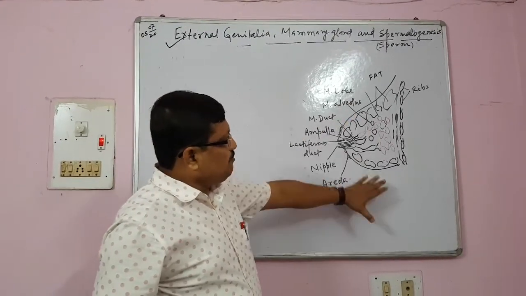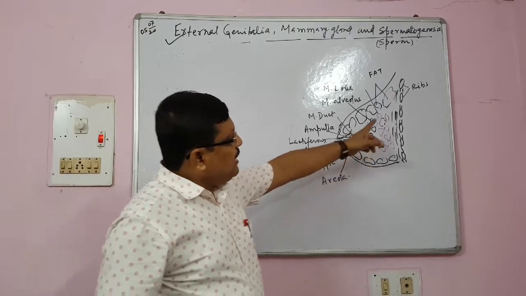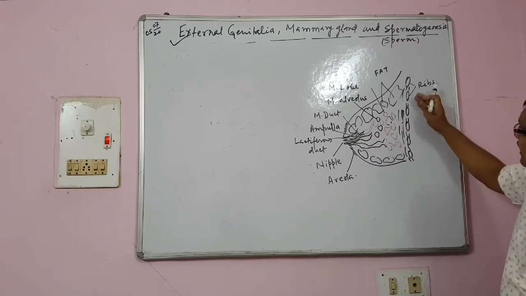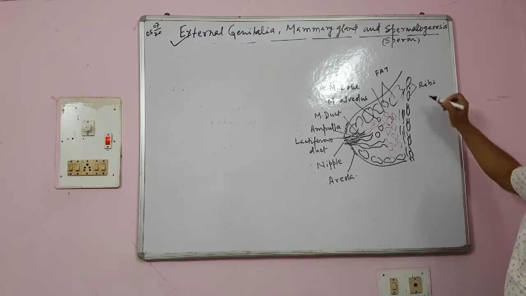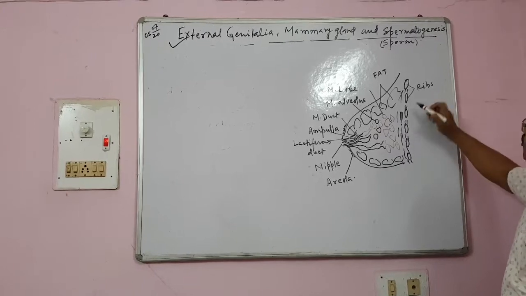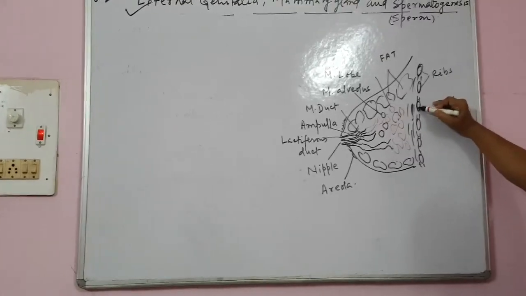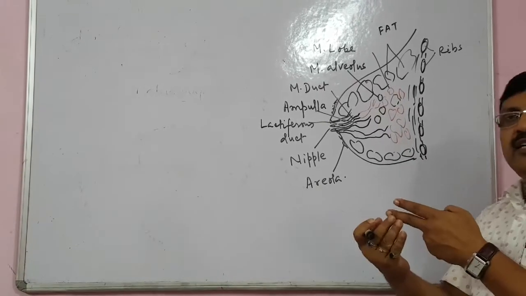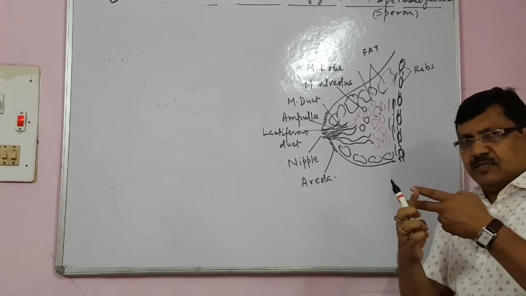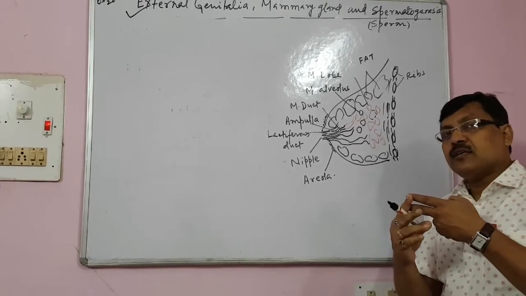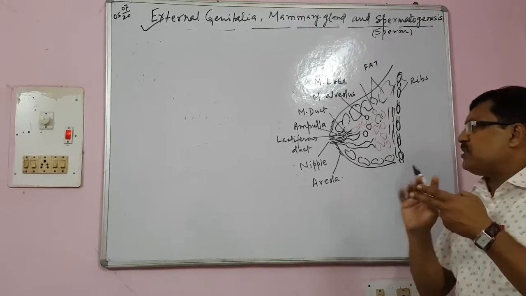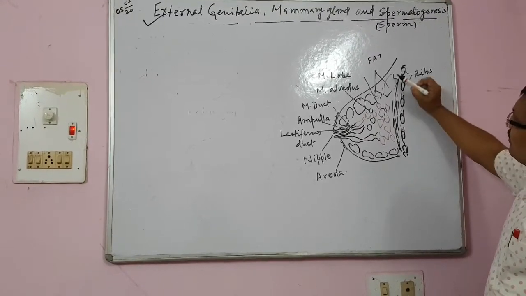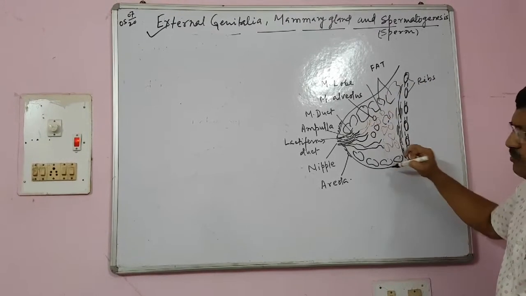This is the picture of the mammary gland, and both mammary glands are attached to the ribs of the chest. These are the ribs, and the ribs are protected externally and internally by the external costal muscles and internal costal muscles.